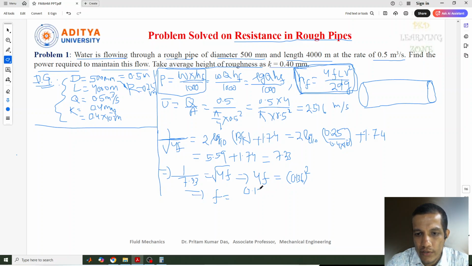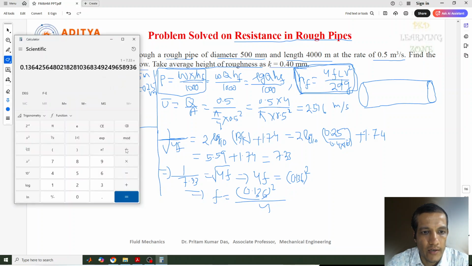So the value of f I can write as 0.136 square divided by 4. Anyway, simply 0.136 into 0.136, the square, divided by 4.